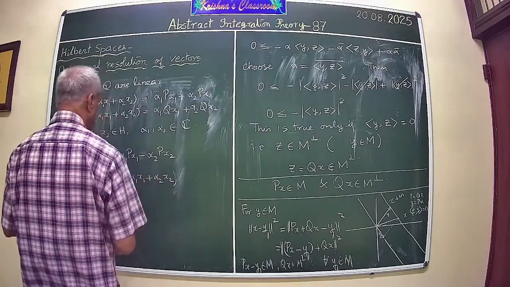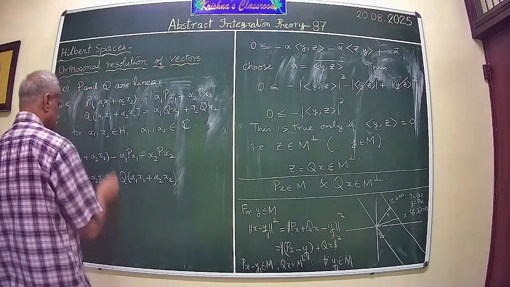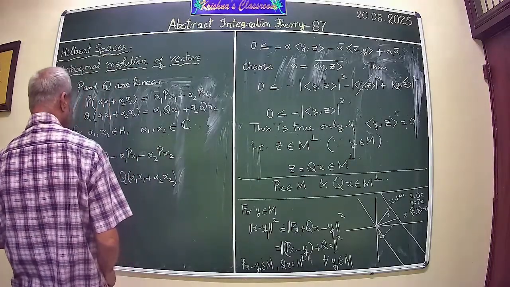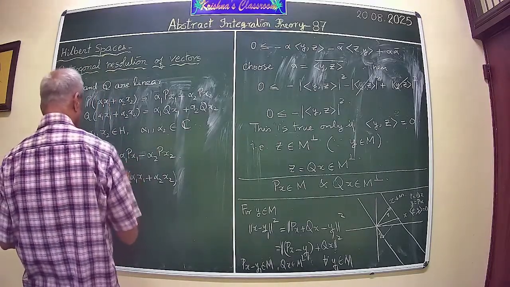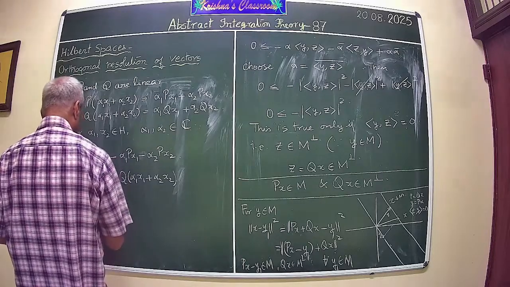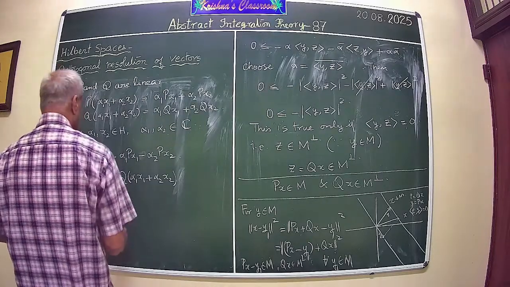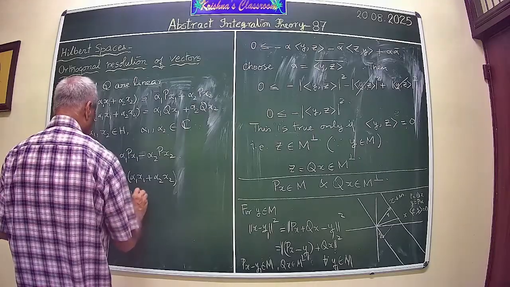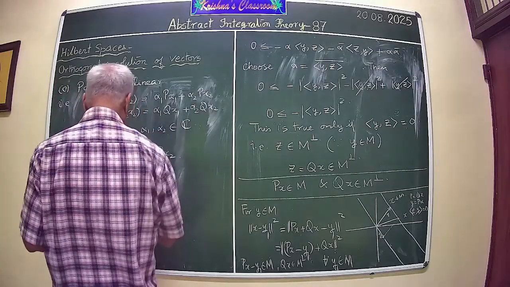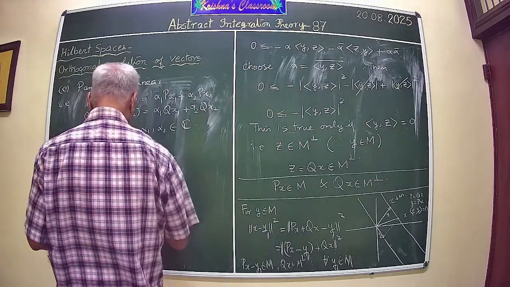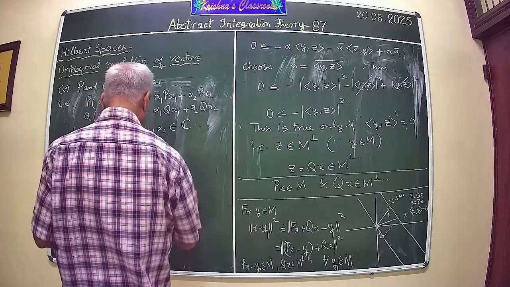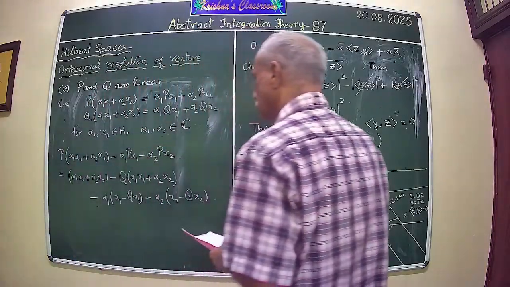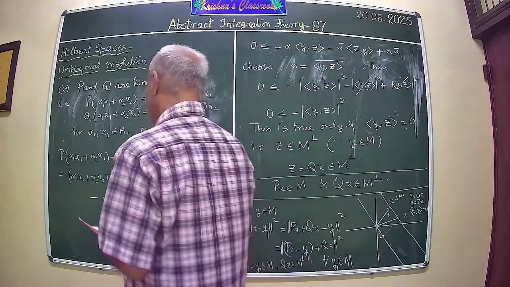X2 minus, same sort of argument. That means Px1 is equal, so this is equal to alpha 1 into x1 minus, by definition. This you simplify.